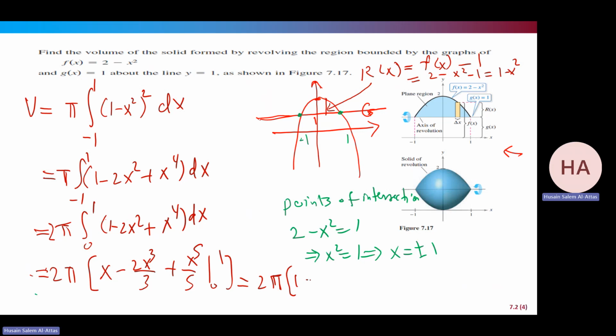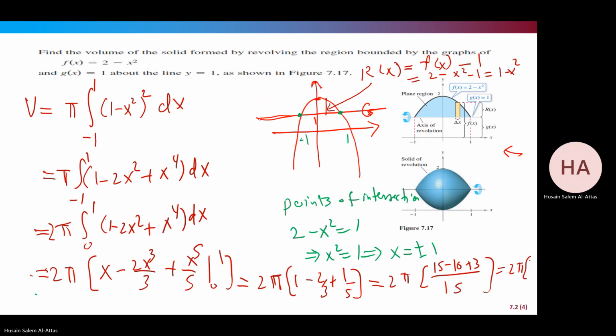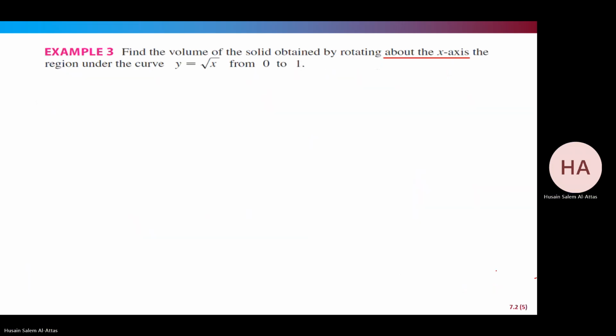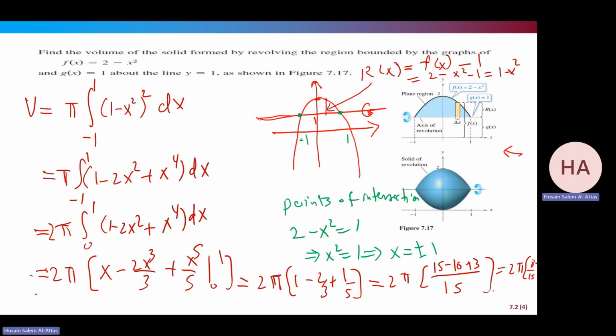So I have 1 minus 2 over 3 plus 1 over 5, which gives 2 pi times (15 minus 10 plus 3) over 15, that is 2 pi times 8 over 15. So I'm getting 16 pi over 15.